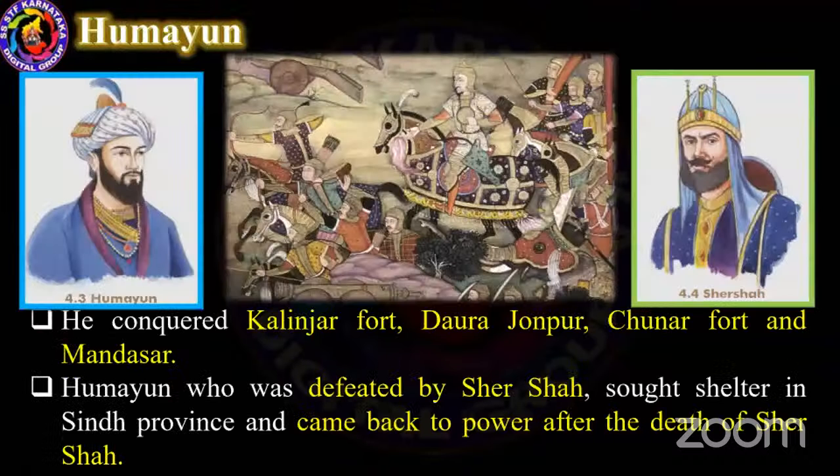This is the first period of this Humayun, from 1530 to 1540. This is the first period rule of Humayun, and the second period rule we will discuss after discussing Sher Shah Suri. He tried to capture the Mughal dynasty after the death of Sher Shah Suri.